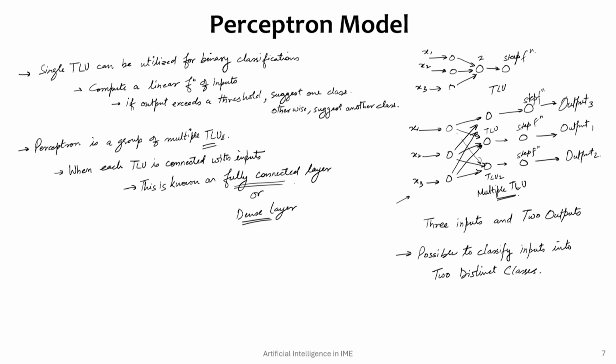These kinds of systems can perform multi-label or multi-class classification. So what is multi-label classification?